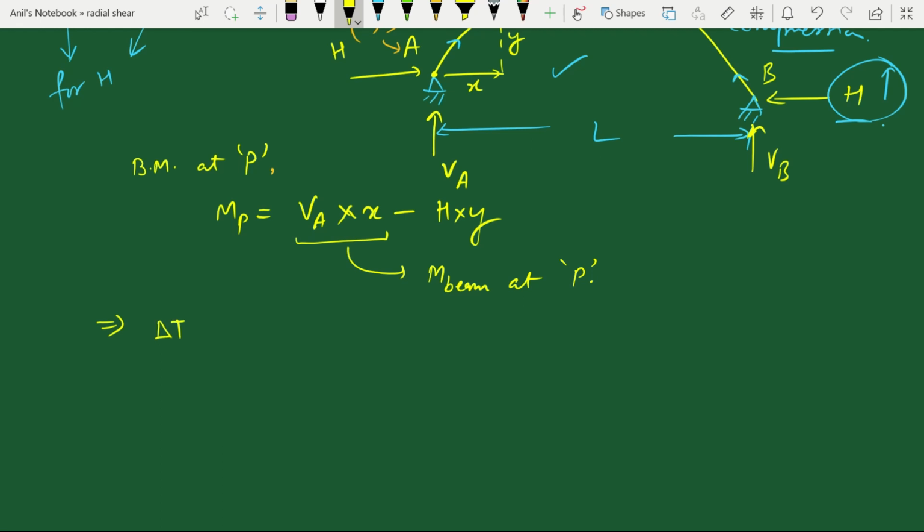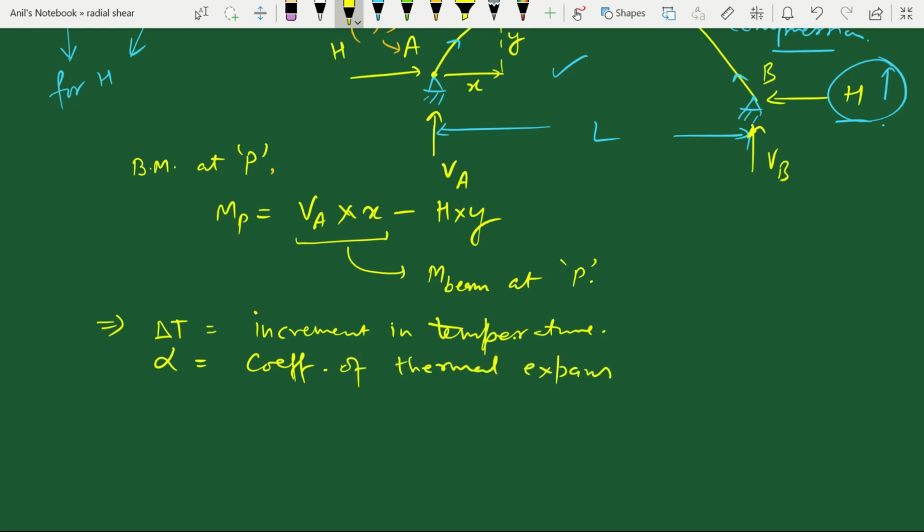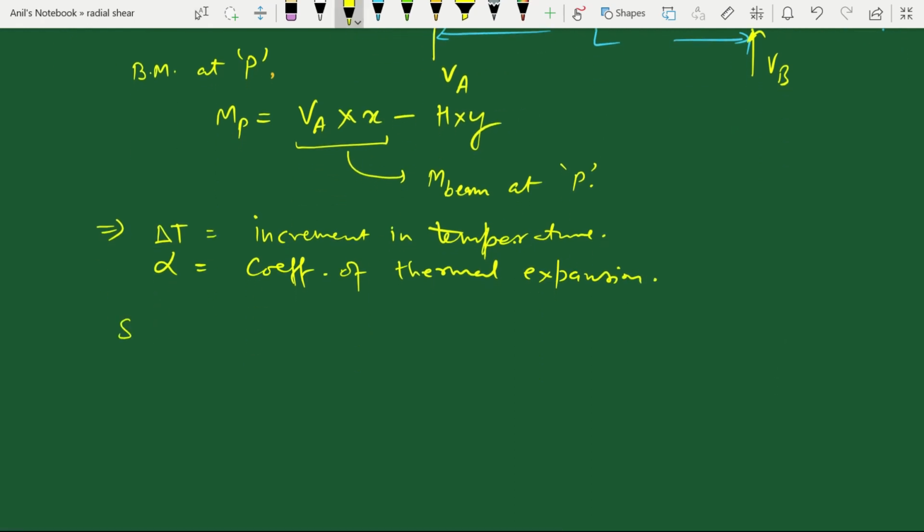So let us say delta T is the increment in temperature and alpha is the coefficient of thermal expansion of the material of the arch. So what is the strain in the arch?